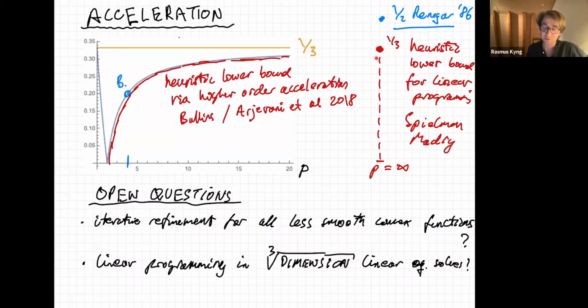And acceleration for linear programs, even though we don't know how to do it yet, seems like it should give this cube root. And Chebyshev polynomials are extremely related to acceleration. So somehow acceleration in linear programming land, if it exists, should bring us down to this 1/3. And it seems that we're not leveraging that yet.